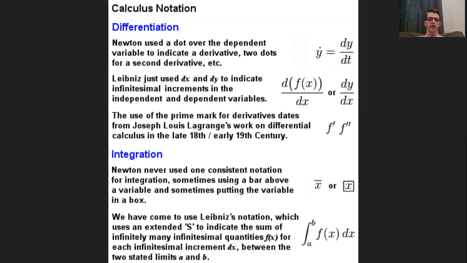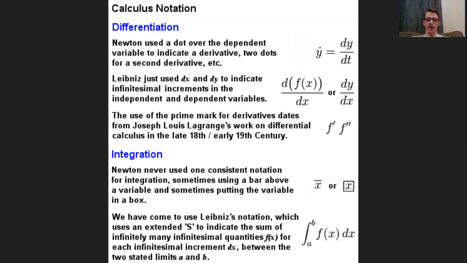And then he used two dots for a second derivative. Whereas Leibniz used a dx and a dy to show the infinitesimal increments or spaces in the independent variables. But I just thought that was really interesting to see that Newton used dots because, like I said, I don't think we see that in our stuff today. But also, like I said, I could be totally wrong. But it's just kind of cool.